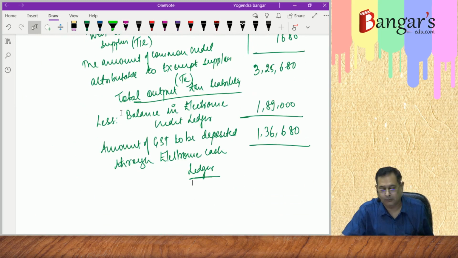This has been changed by us because the law has been amended with effect from 1/4/2020. In accordance with the amended law, we have solved this particular question accordingly. So the liability now is 1,36,680. It is a bit increased.